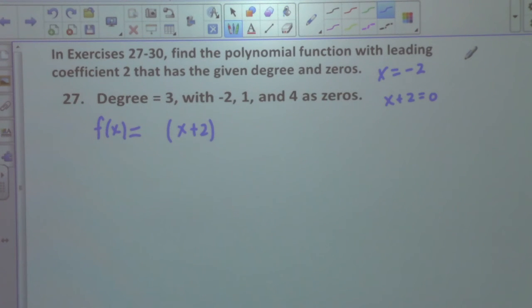And then we have also x is equal to 1. So what is our factor going to be here? x minus 1 equals 0. So we put x minus 1. And then we have also x is equal to 4. So that's going to be x minus 4 is equal to 0. So we have x minus 4. Will that give us a function that meets all the conditions?